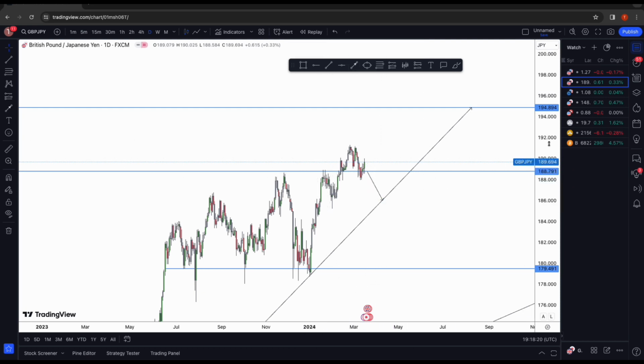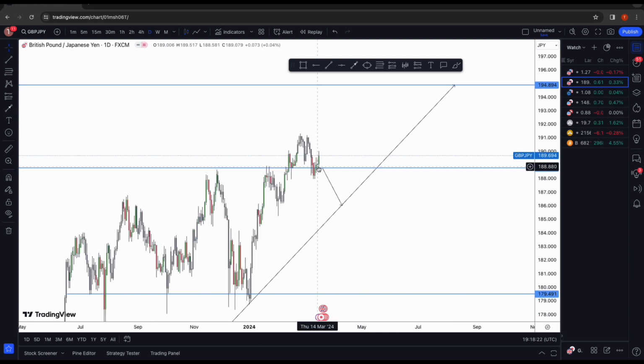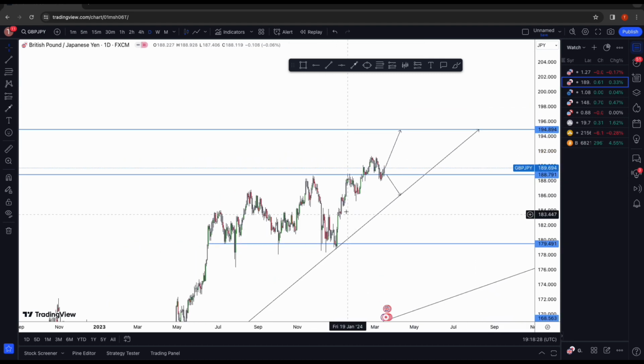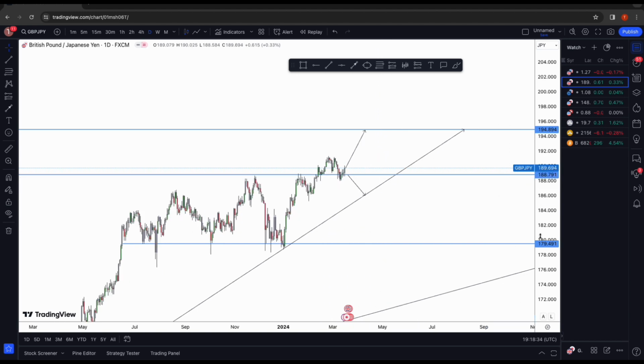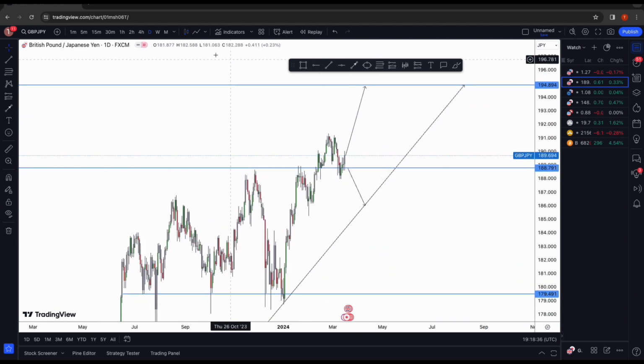Again, it's where price is at. It could go one way or the other, pretty much. We've had quite a bullish run, bit of a pullback. Is it significant enough? We didn't quite break this low. Let's go down to the 4 hour.